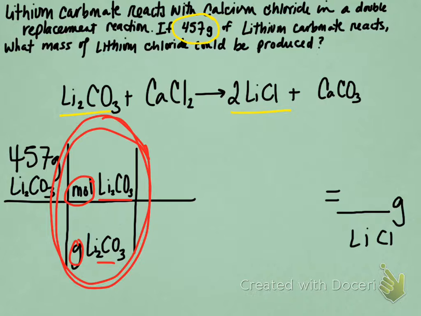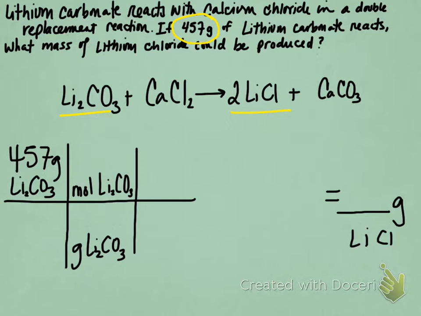Okay, let's put in our next box. Again, we know that the units and chemical down here have to match so that they'll cancel. So we know that we're going to be looking at moles of lithium carbonate there. And since we can change one thing at a time, and our goal is to get over to grams of lithium chloride, this is the point where we would use our mole ratio. So we're going to put in moles of lithium chloride up there.